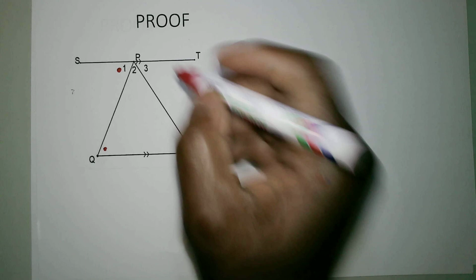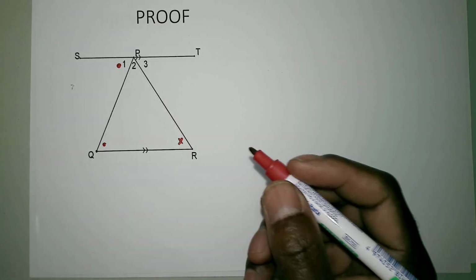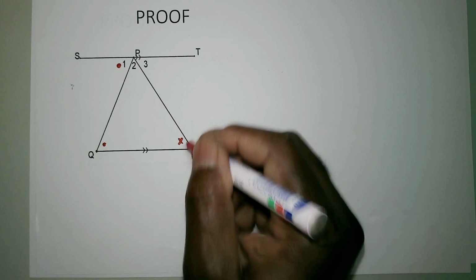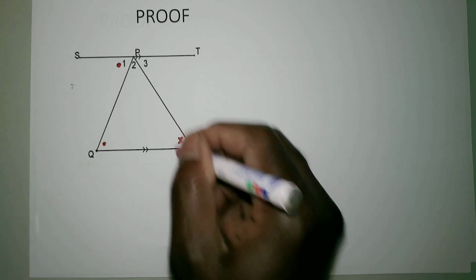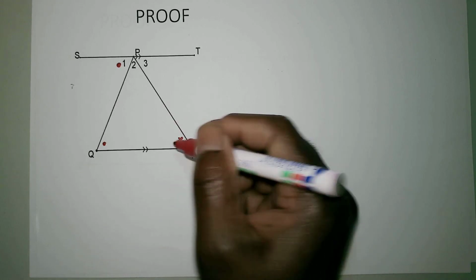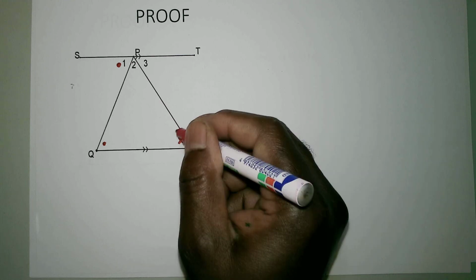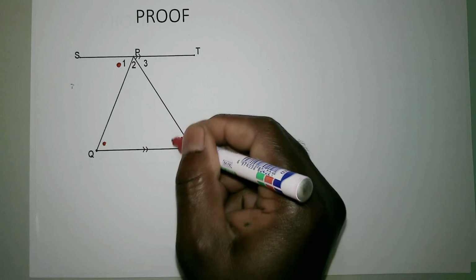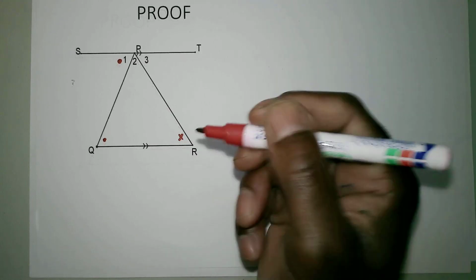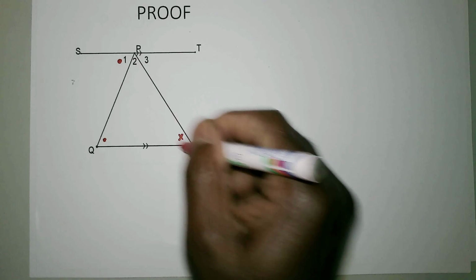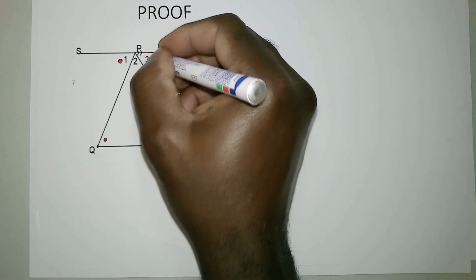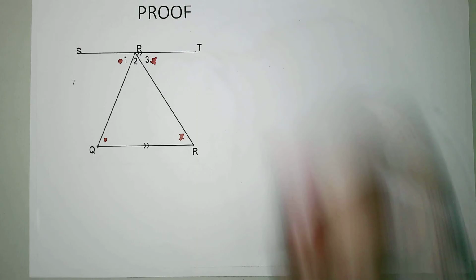Another angle that I want to see to give me a Z formation, because I can't see the F formation, which will give me corresponding angles. Z formation gives alternate angles. So from this side to this side, the two angles are equal and they are alternate angles.